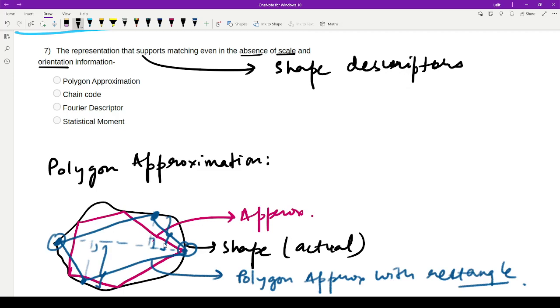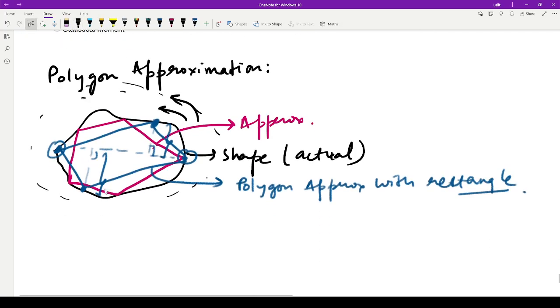You don't have to worry about the orientation. If you rotate like this, all approximations will also get rotated like this. If you increase the size, then your final approximation also increases.